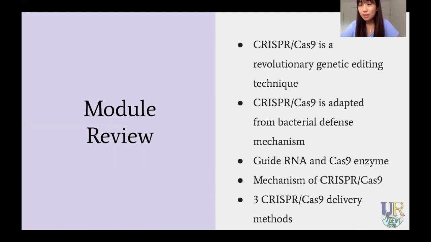CRISPR-Cas9 is adapted from a bacterial defense mechanism, as I showed earlier, and it consists of two important components, guide RNA and the Cas9 enzyme. I also talked about the mechanism of how CRISPR-Cas9 works, and at the end, I talked about 3 CRISPR-Cas9 delivery systems: lipofection, lentivirus delivery, and electroporation.